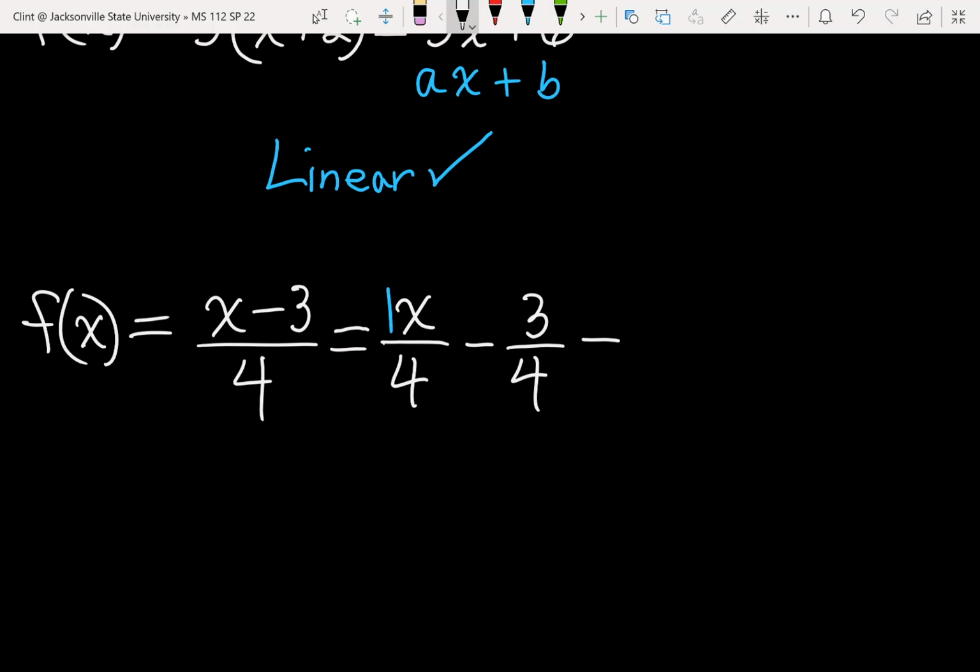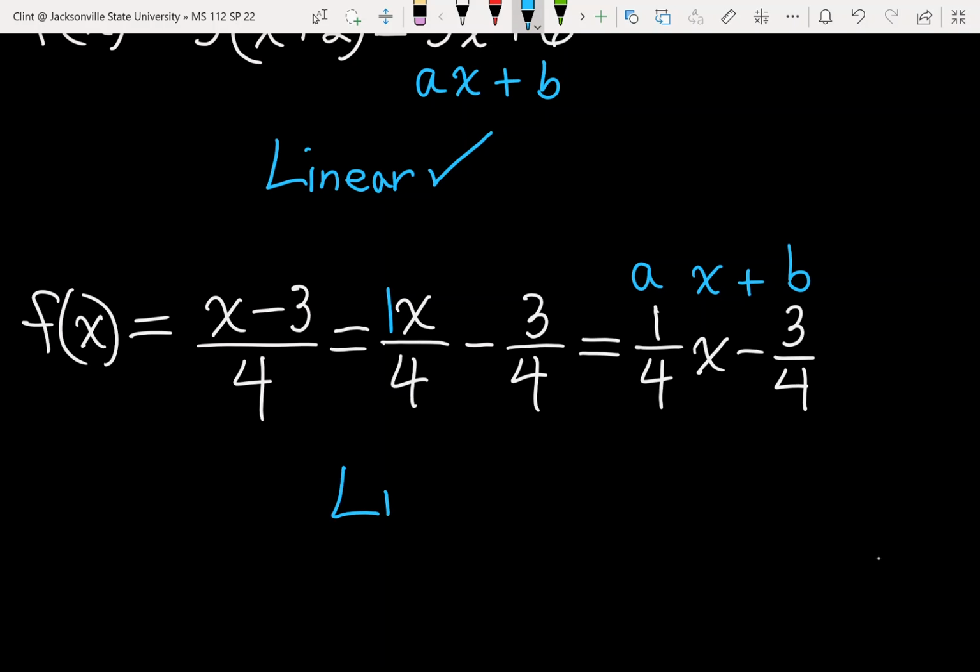So the other thing we can do, if we have a variable up in the top of a fraction, we can move it over to the side and it means the same thing. So we can write this thing as 1/4 x minus 3 over 4. And then this one is in ax plus b form. Or minus, it's plus and negative. So this one is linear.